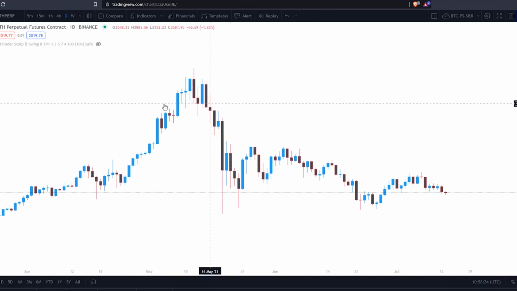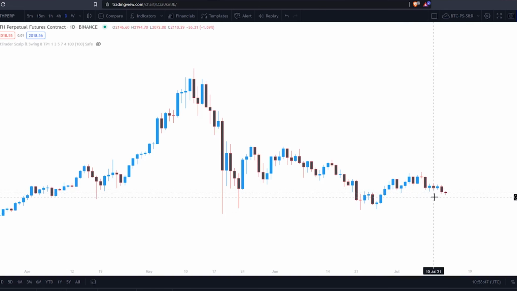So again, it's a very basic rundown of what candlesticks and candlestick patterns are, but as you can see here, this one candle played a massive role in the coming days of price continuing to work its way down and see some consolidation.